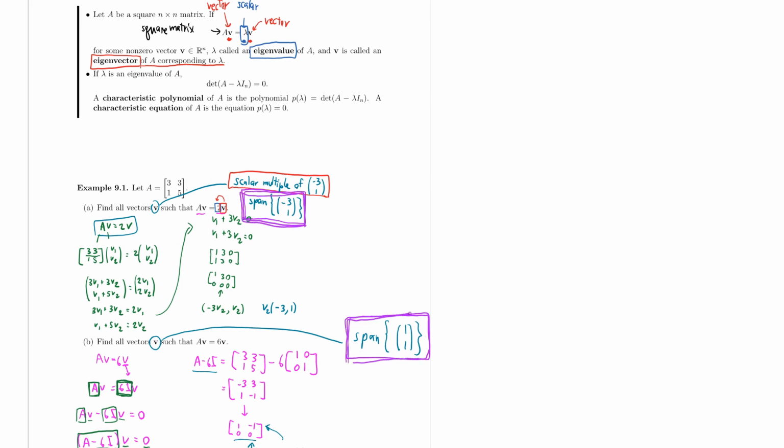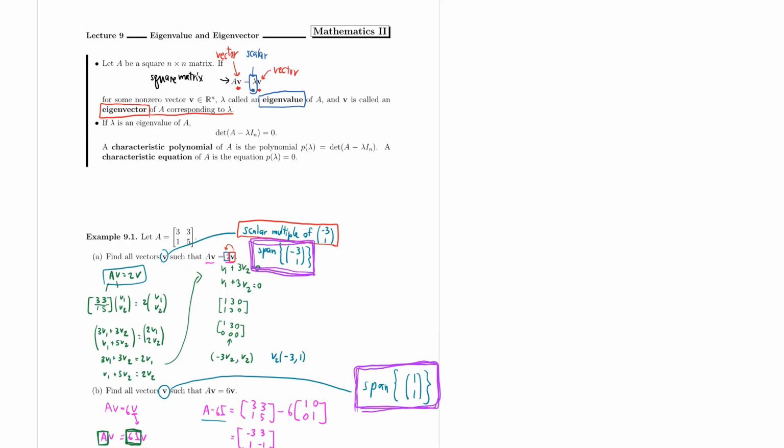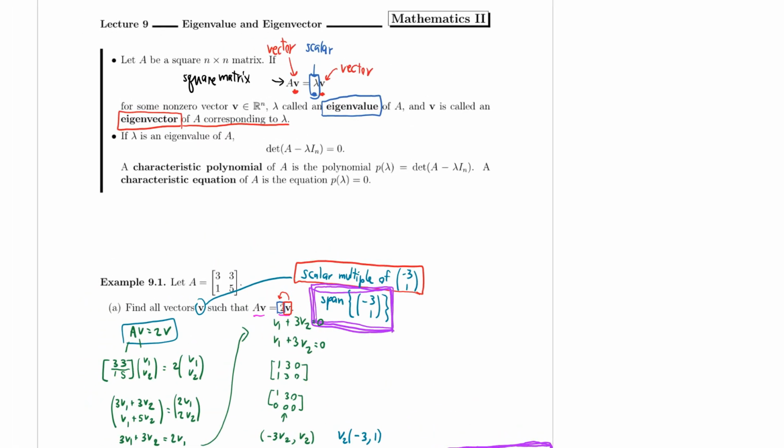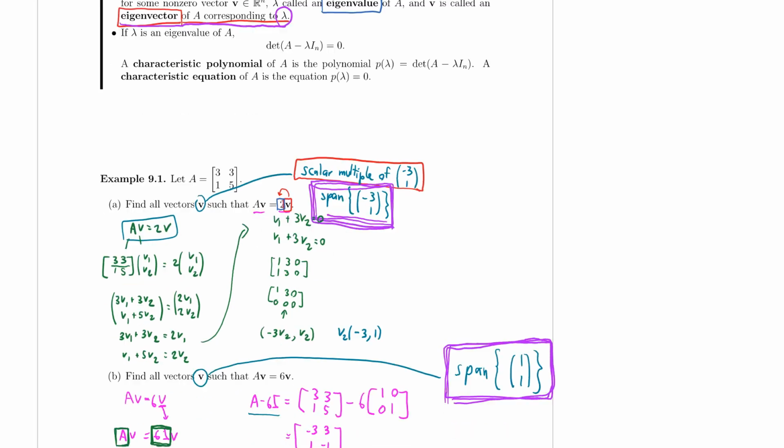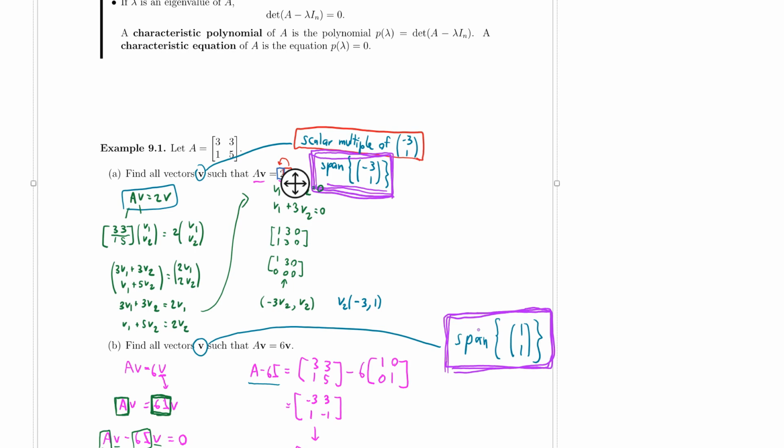So that's why when we call a vector an eigenvector, we usually call it an eigenvector corresponding to a specific eigenvalue. So anything in this span is going to be an eigenvector of A corresponding to the eigenvalue 2. Any vector in this span is going to be an eigenvector of A corresponding to the eigenvalue of 6.